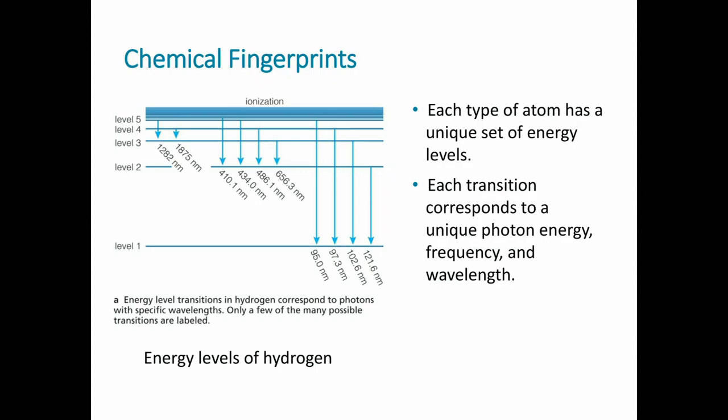Depending on what energy level the electron starts at and the energy level that it ends up at, it will emit a photon of a specific wavelength. So, for example, an electron going from the second level of hydrogen to the first level will emit a photon that has a wavelength of 121.6 nanometers.